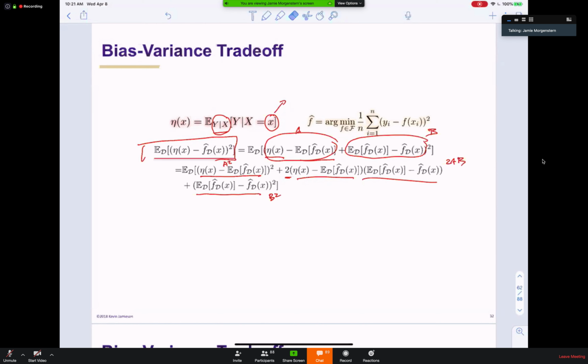And furthermore, it's a fairly sensitive estimator. So you don't have direct access to eta of x, and that's why we generally think about learning over a set of restricted functions, capital F, picking a little f hat from capital F.